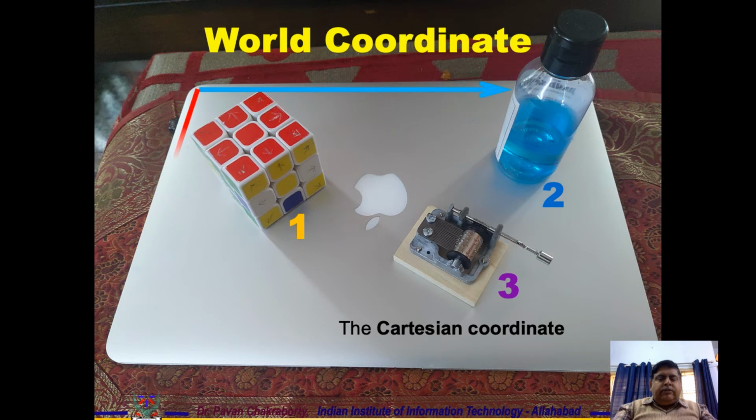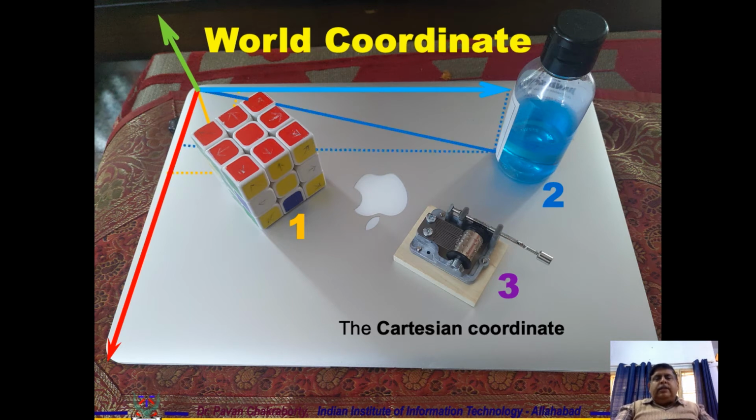It is using a Cartesian coordinate. Here you see the three vectors, the blue, red and green, describing the three Cartesian axes, and it shows you the coordinates of the Rubik's cube, with an orangish yellow coordinate showing the position of one of the points of the Rubik's cube.